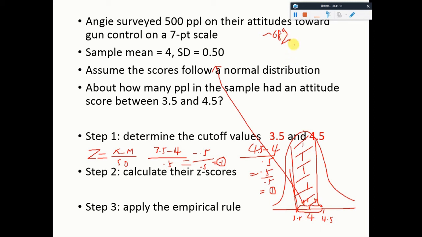According to the empirical rule, 68% of the scores will fall within this interval. So it will be 0.68 times 500, that's 340. So there will be 340 people who will score between 3.5 and 4.5.